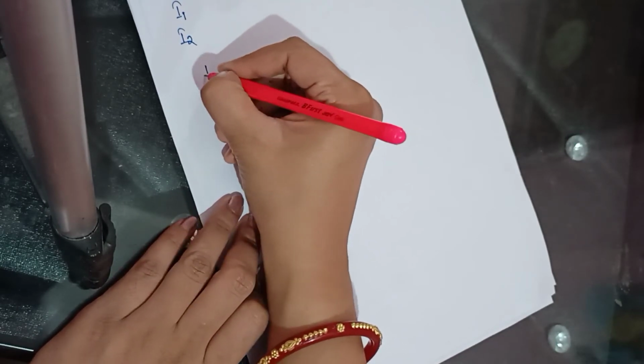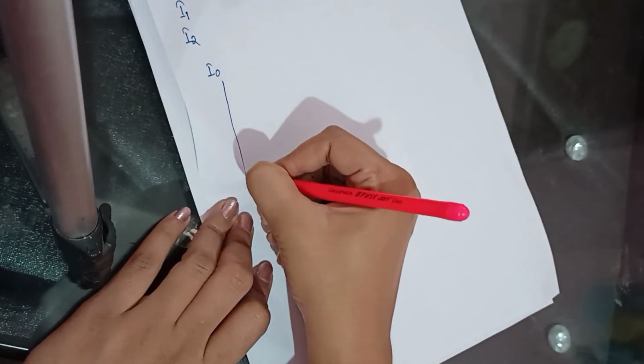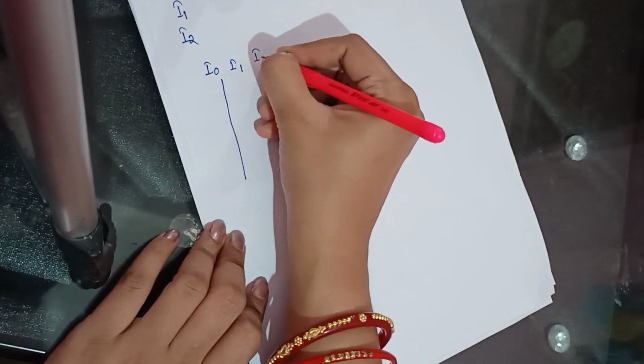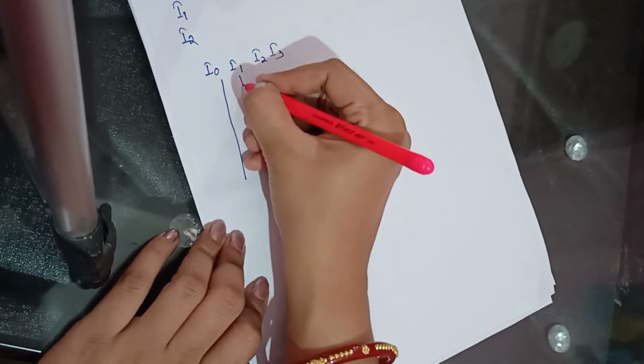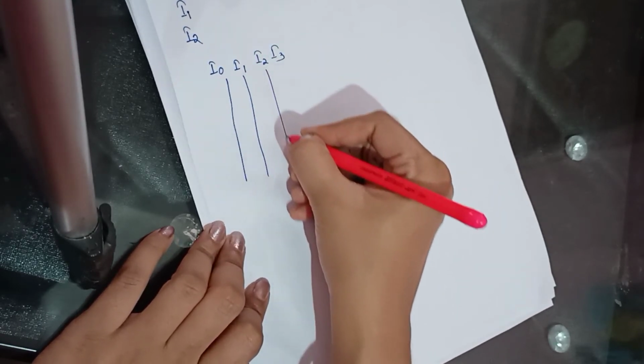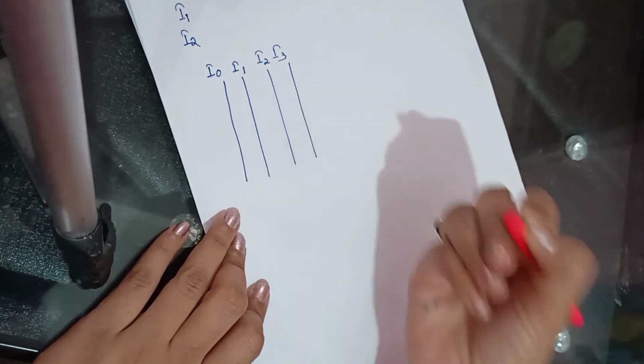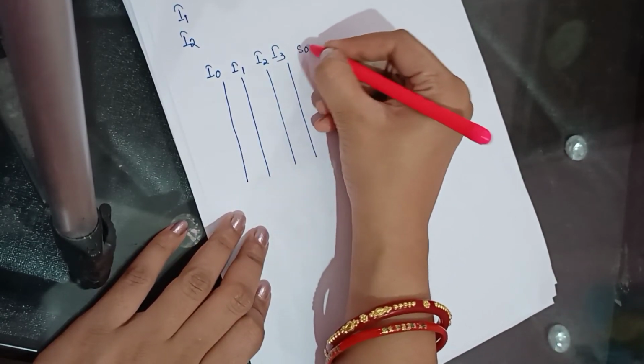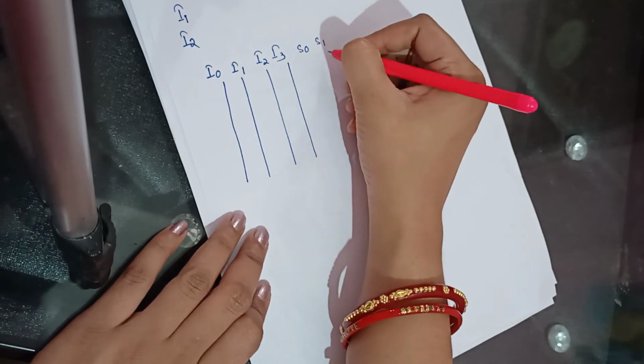This is your I0, this is your I1, I2, I3. Then S0, S1, S0, S1.